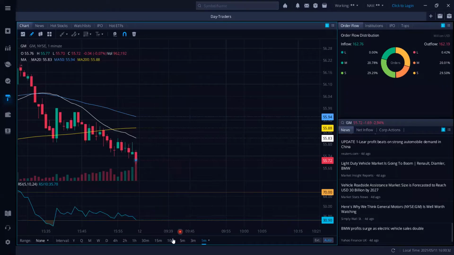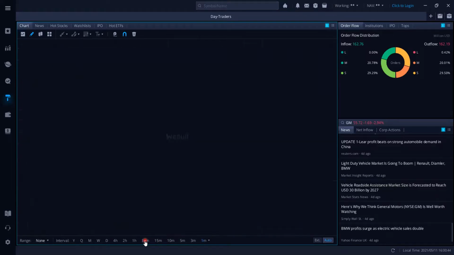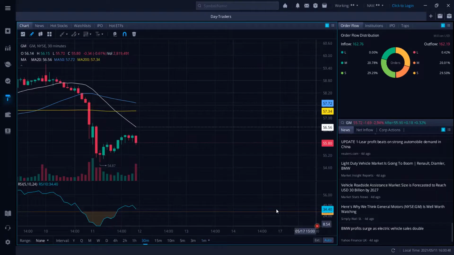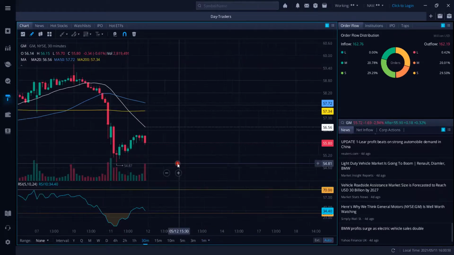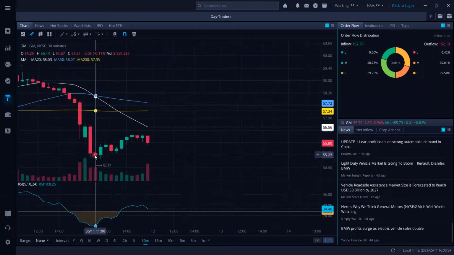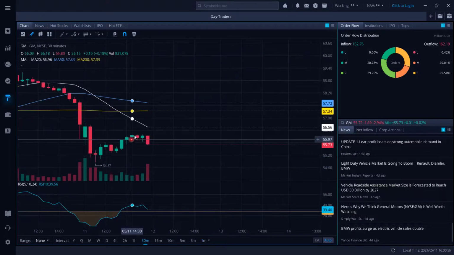So yeah, the last question was, how do you know when to sell? Right now, in this particular case, we never really identified a great place to get in, especially because we were on the 1 minute chart, and that just makes it difficult. Now that the market's closed, as you can see, there's a huge difference between what we saw on the 30-minute chart and what we saw here.